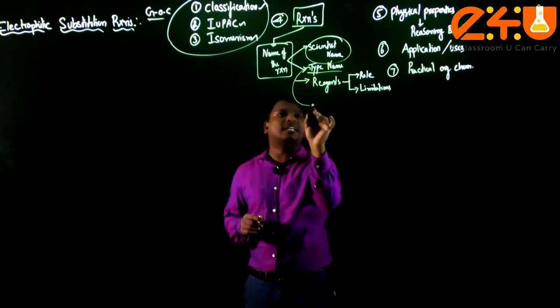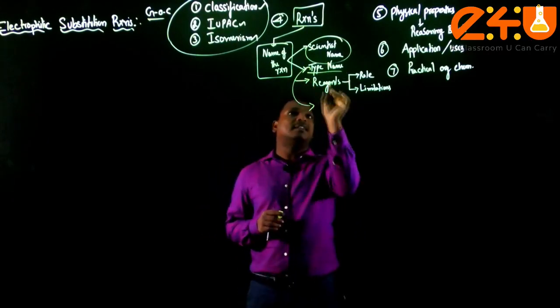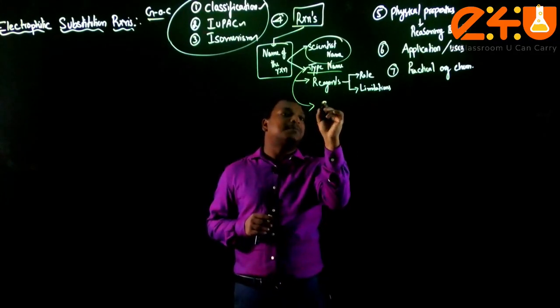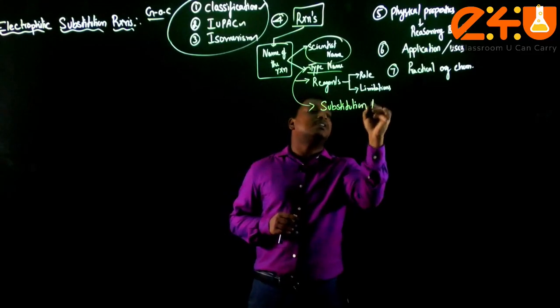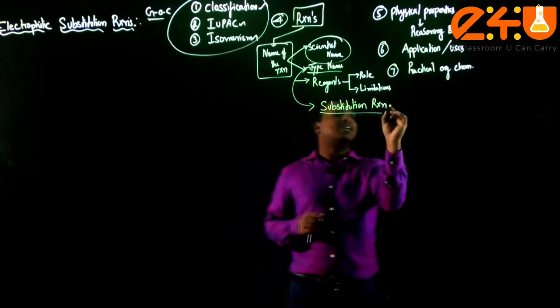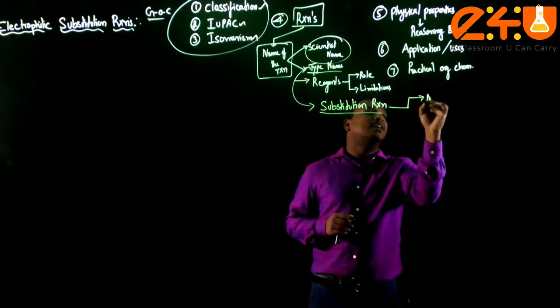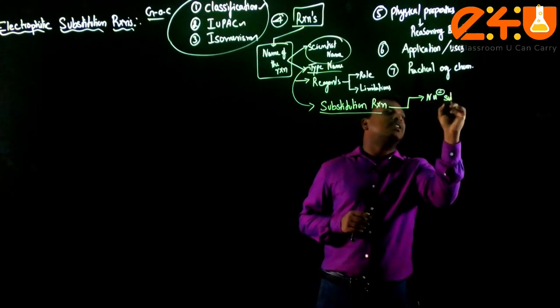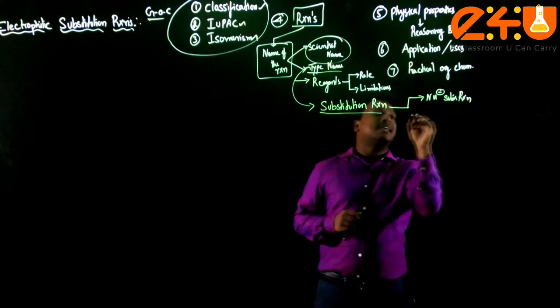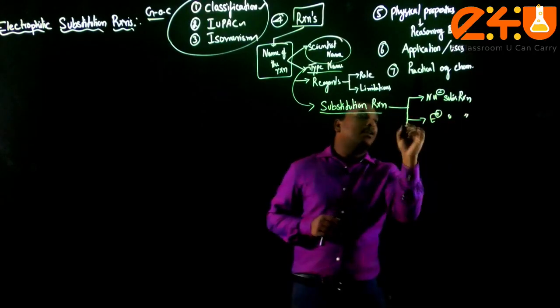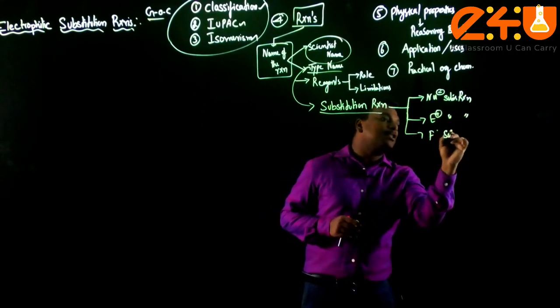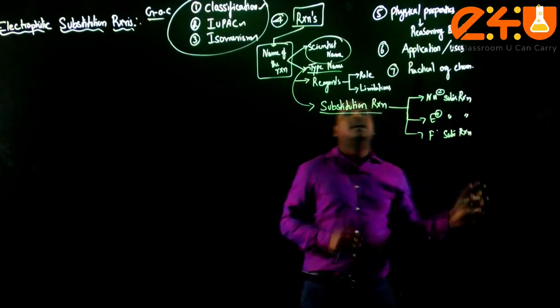Maybe you can ask me what the type names are. I told you already: it can be a substitution reaction. More specifically, it can be a nucleophilic substitution reaction, an electrophilic substitution reaction, or a free radical substitution reaction.